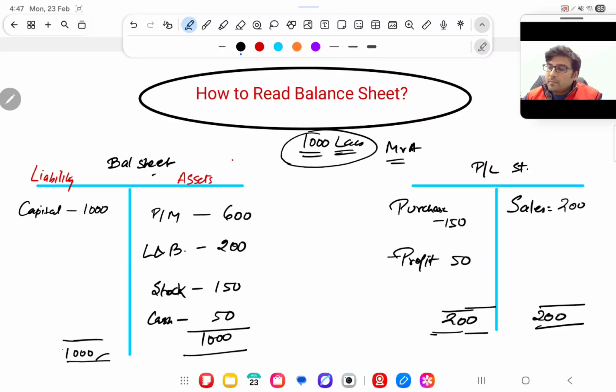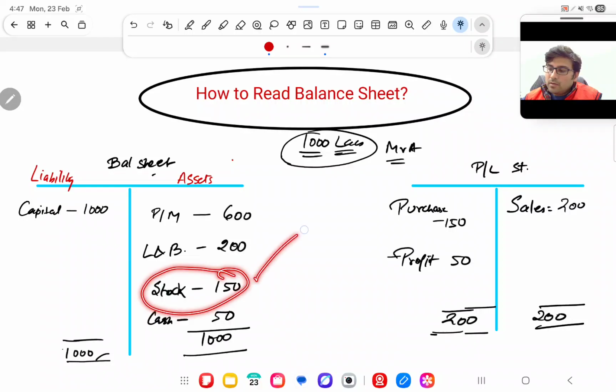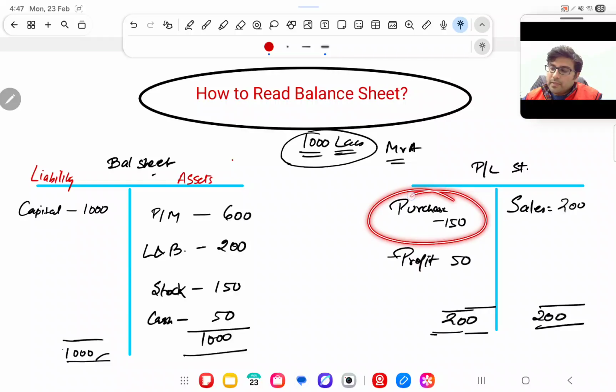Are you getting me? The company has sold the entire stock of rupees 150 for 200 lakhs, and this stock was purchased for 150. So sales minus purchases or expenses, we are not going deep into that, it is profit. So after selling goods worth rupees 200 lakhs, the company has made a profit of 50.